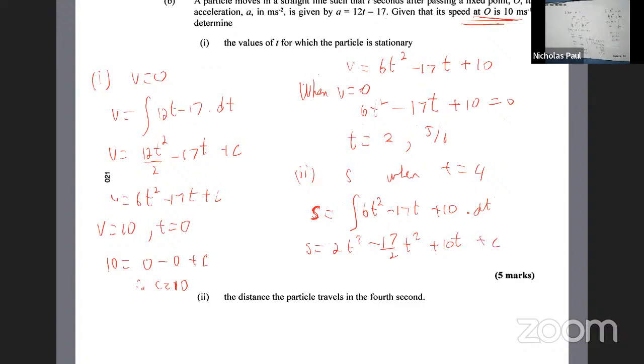How do we get c in this case, for part 2?